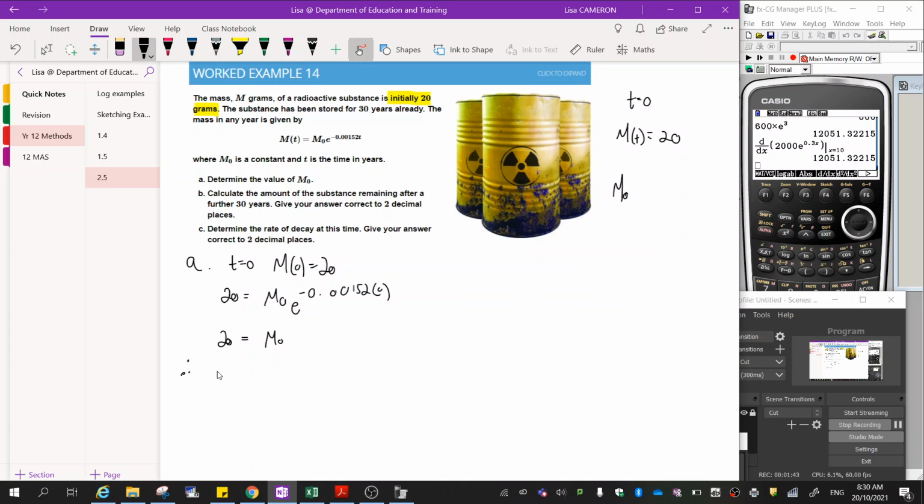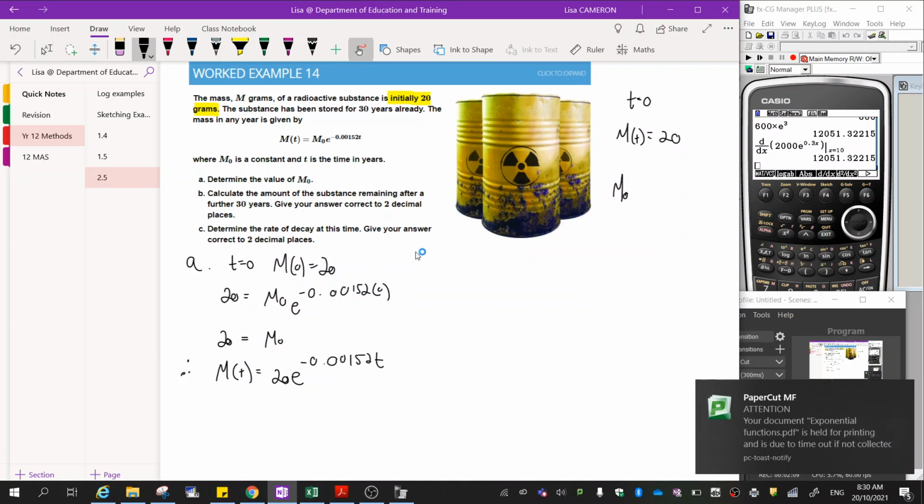So therefore, our model is now going to look like this. That's what our model looks like now with the information that we calculated earlier substituted in.